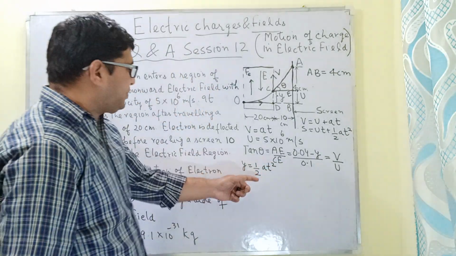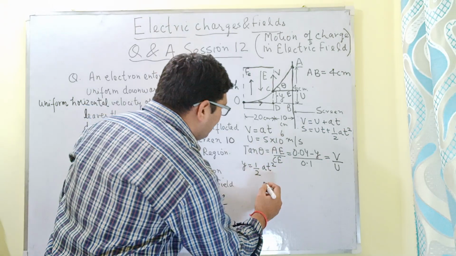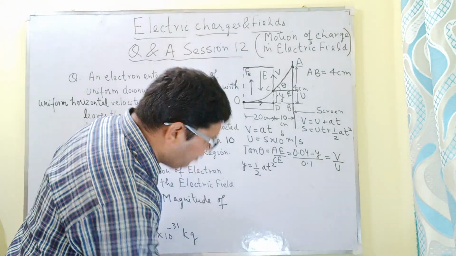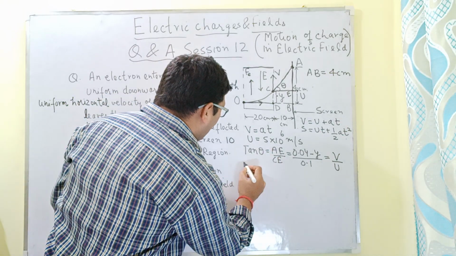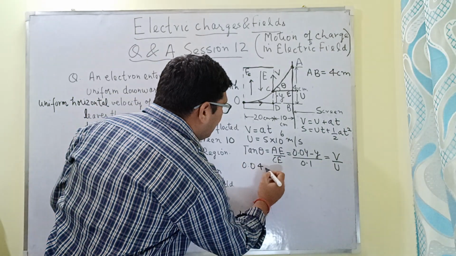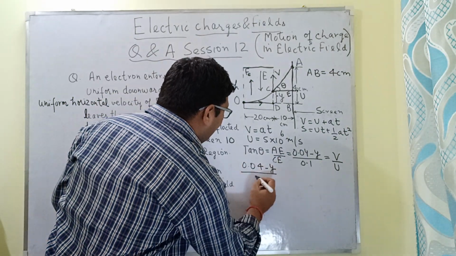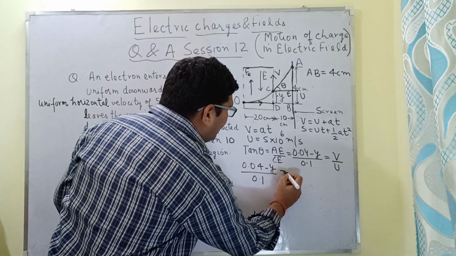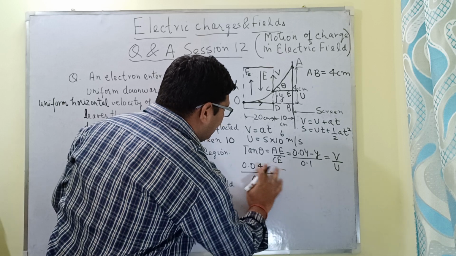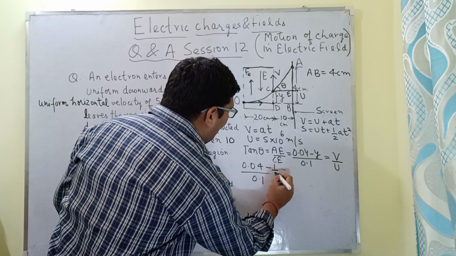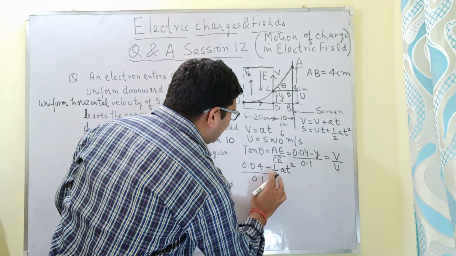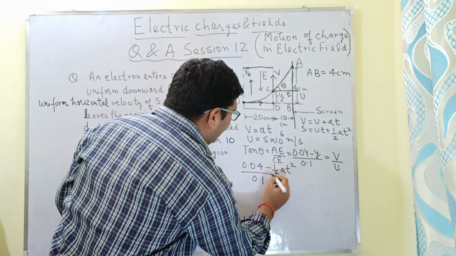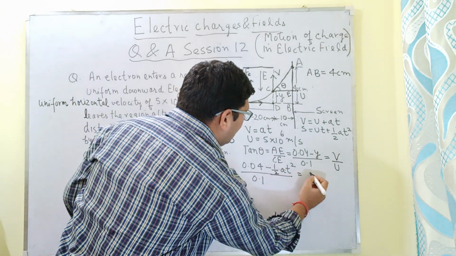So now I will be substituting this value of y in this equation. So y is equal to half at square. So I am now just writing it here. So that is equal to 0.04 minus y divided by 0.1, which is, sorry, this is equal to minus half at square. ठीक है? Minus half at square, which is equal to v upon u.